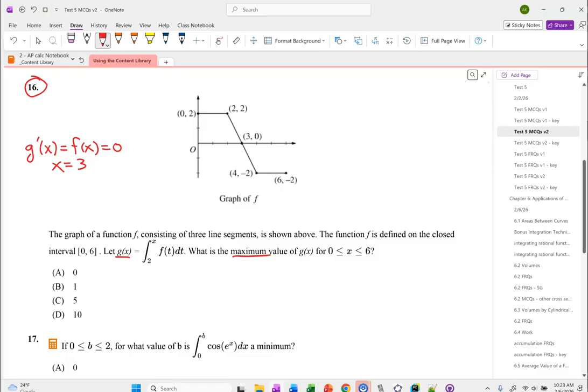Is that all we have to check? What else do we still need to check? Well, f is defined for all values of x on the interval we're solving on.